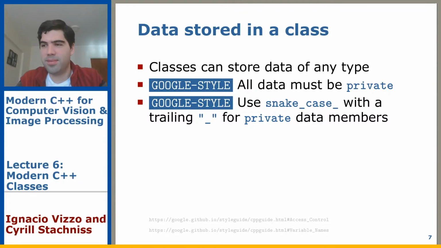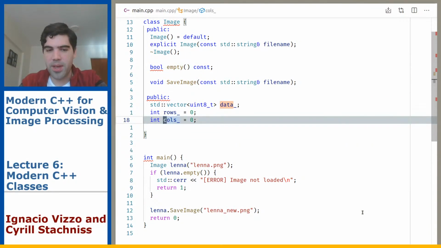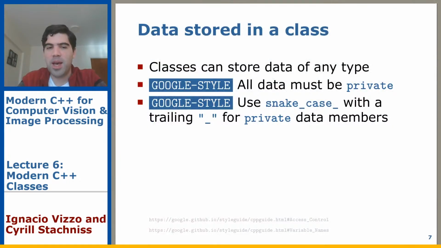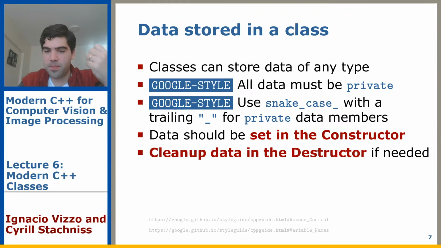This is how you will use it. I also do it like this. You're not forced to, but all the members I will always write in small letters with an underscore at the end. This way I know I'm talking about a data member. All the data should be set in the constructor.